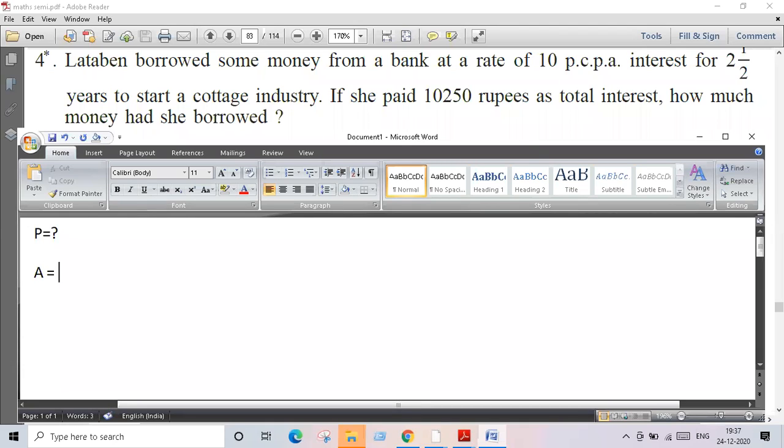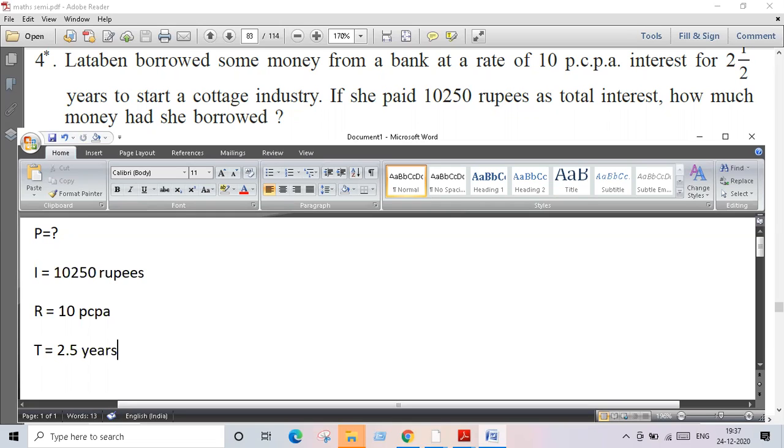We don't have A, it is not needed. I is what? Interest is 10,250 rupees. Then R is 10 PCPA. And then T, time is 2.5 years.